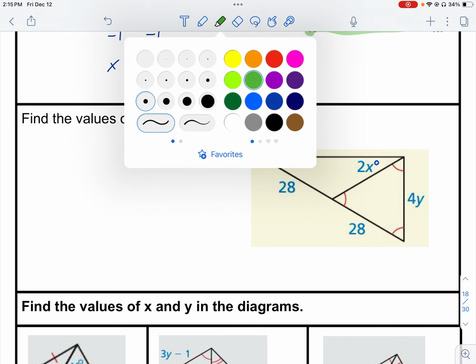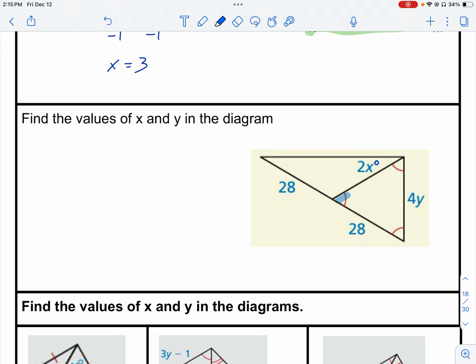Once again, I see 3 congruent angles in this triangle. So I want to use this to my advantage because it seems like the easiest thing to do. So we know all these sides have to be 28. So 4y has to equal 28. So y equals 7.